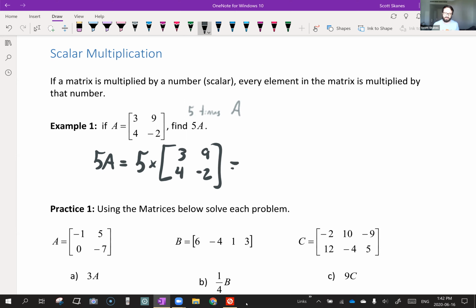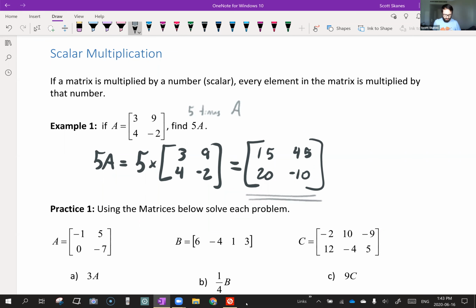And you just take every single element and multiply it by 5. It really couldn't be easier. So you take 3 times 5 is 15, 9 times 5 is 45, 4 times 5 is 20, negative 2 times 5 is negative 10. And that's how you do scalar multiplication. Pretty easy, right? Whatever number's in front, you multiply it by all the elements. It couldn't be easier as far as I'm concerned. So that's like a freebie for you.